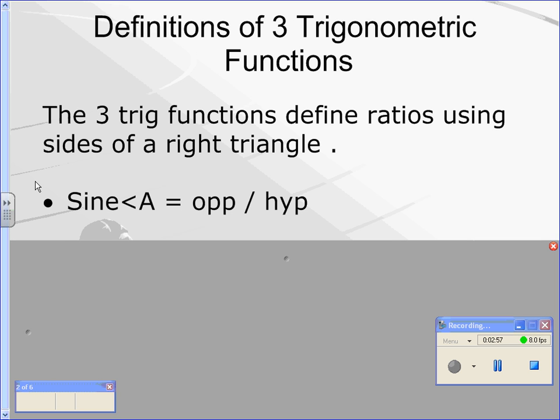All right, the sine of an angle, sine of angle A, is opposite over hypotenuse. We'll get to what that means in a minute. We'll get there. Just write it down first. Yes, I know. Write it down first. We'll go over it in a second. Opposite over hypotenuse.